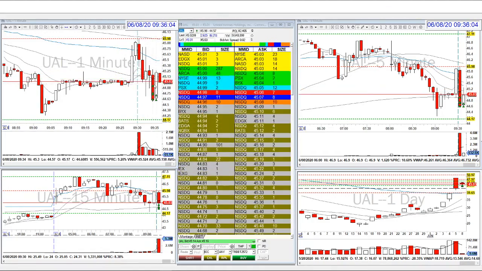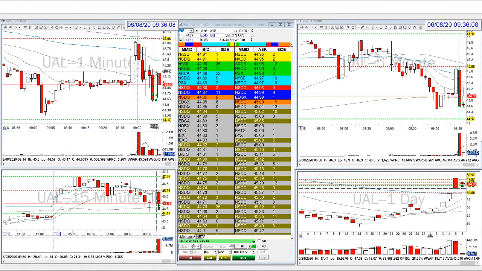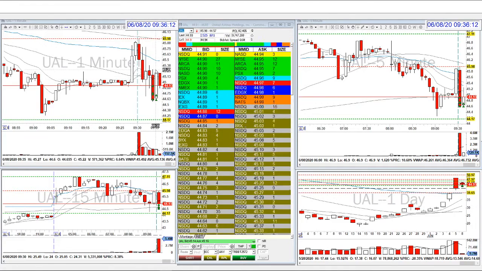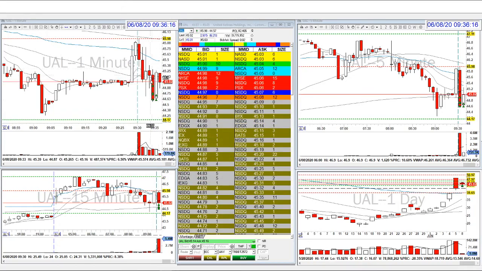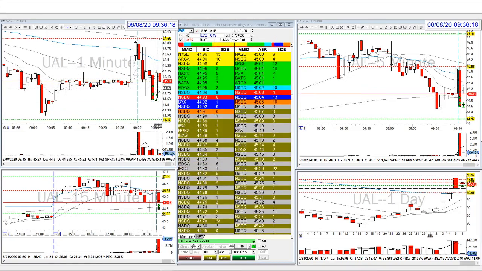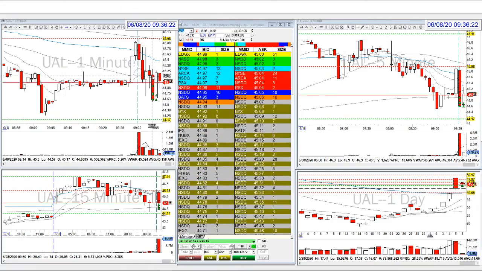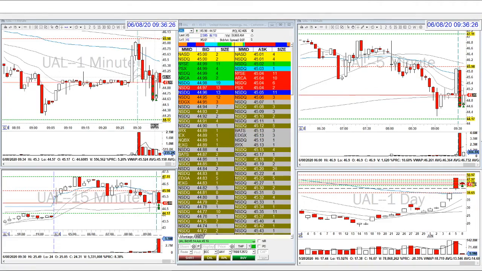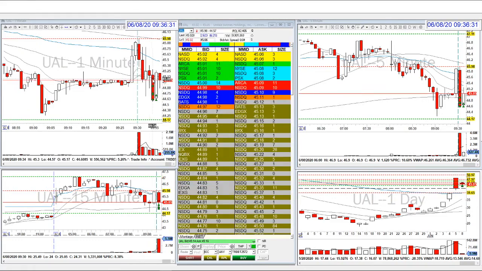Look at these two. This long wick influences this huge bearish candle, and then the next candle is a huge bullish candle. So this is a bearish engulfing, and this is a bullish engulfing. If you combine them, it gives you the appearance of a long wick. That's the logic behind it.